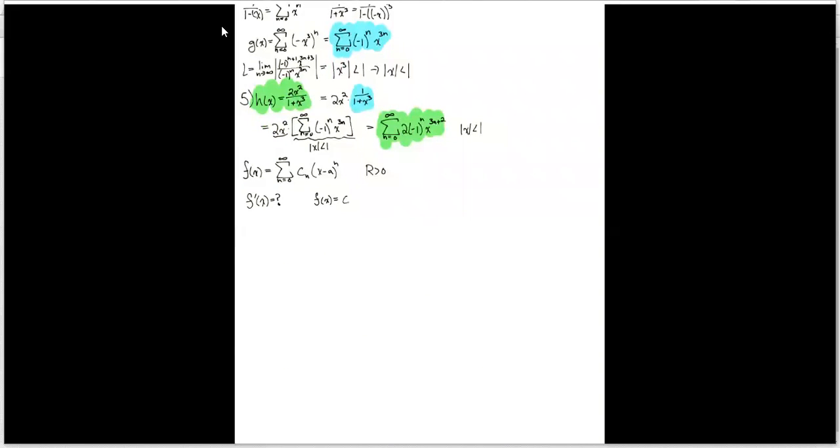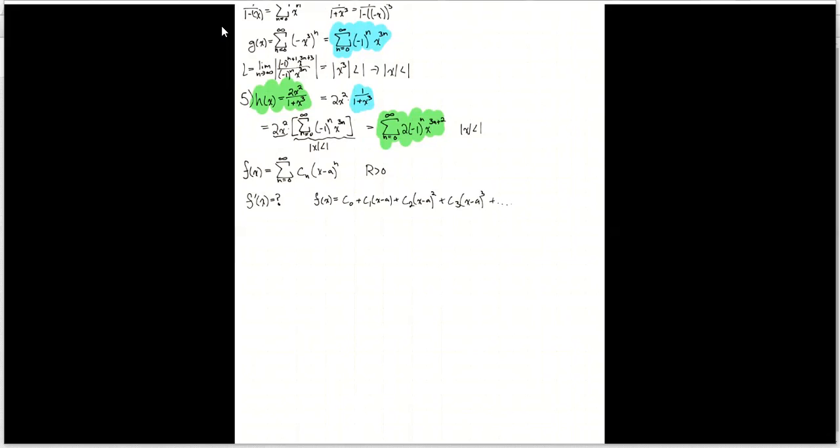We've got c0, then we've got c1 times x minus a, then we've got c2 times x minus a squared, then we've got c3 times x minus a to the third, and so on, right? And this is just a polynomial that goes on forever.